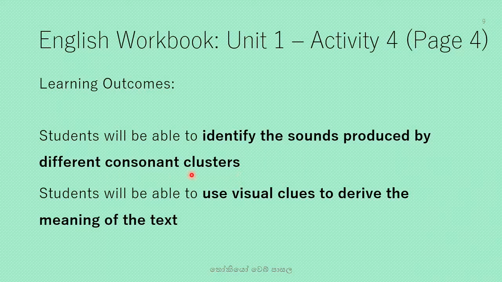Consonant clusters. We'll see what these consonant clusters are. And also, you, the students, will be able to use visual clues to derive the meaning of the text. What are visual clues? Visual clues means the things which we can see with our eyes.